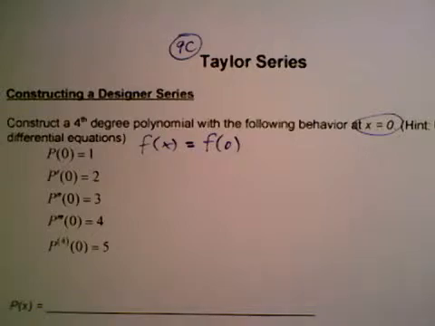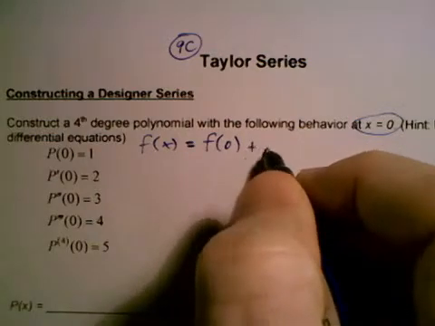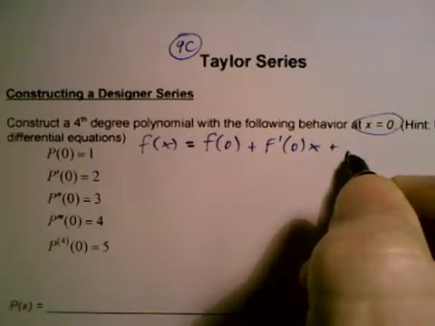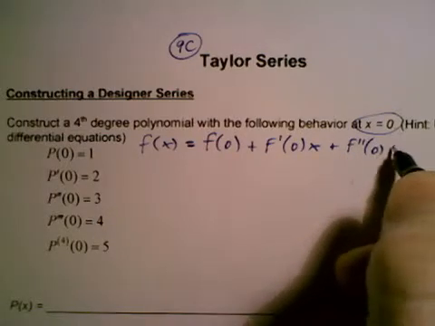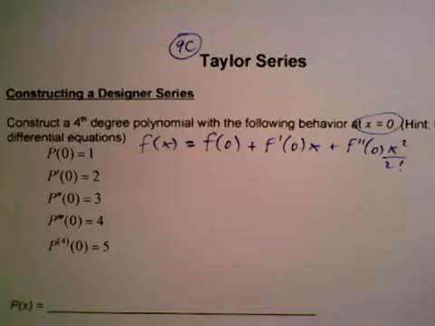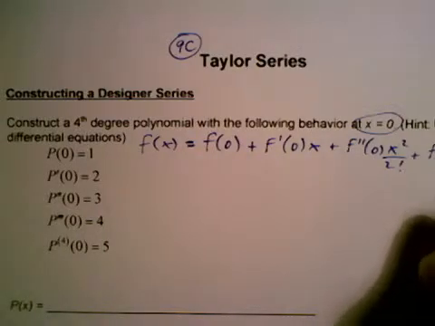So this particular polynomial is going to be centered at 0, and f of x can be written as f of 0 plus f prime of 0 multiplied by x plus the second derivative at 0 multiplied by x squared over 2 factorial plus, and we just keep going.